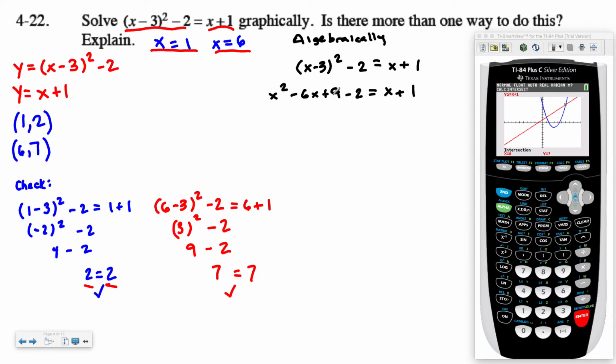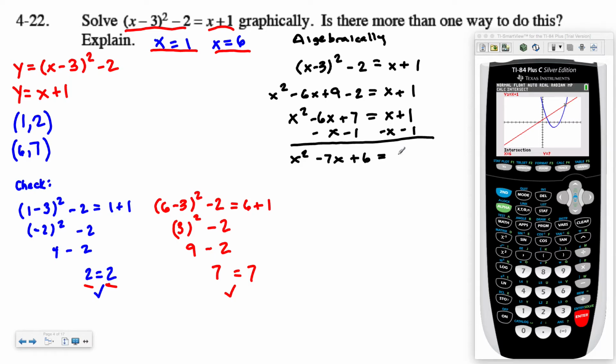Well, then we would subtract our 2 from our 9, and we'd have x squared minus 6x plus 7 equals x plus 1. Then we could undo what we've done over here by subtracting an x from each side, subtracting a 1 from each side, and you have x squared minus 7x plus 6 equals 0.